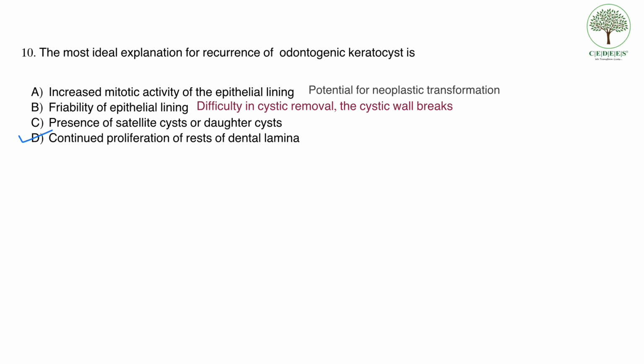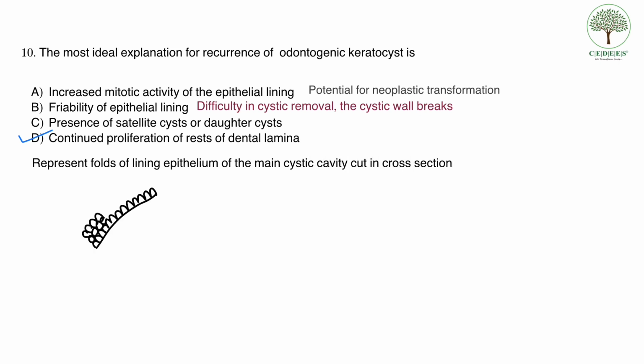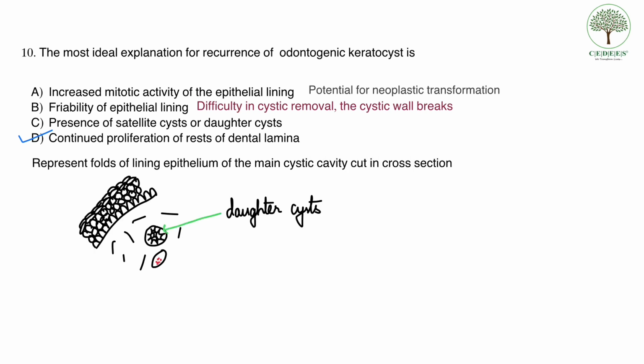Now the third option says presence of satellite cysts and daughter cysts. Now it was found, as you can see in this diagram, that the connective tissue wall contains certain islands of cystic epithelium. Now these are thought to represent the folded ends of the lining epithelium of the main cystic cavity when it was cut in cross section.